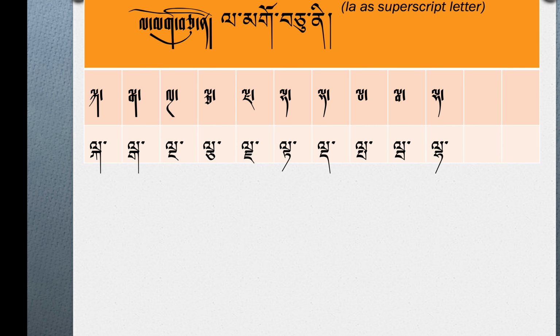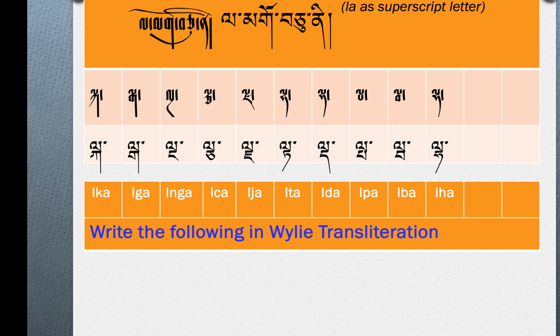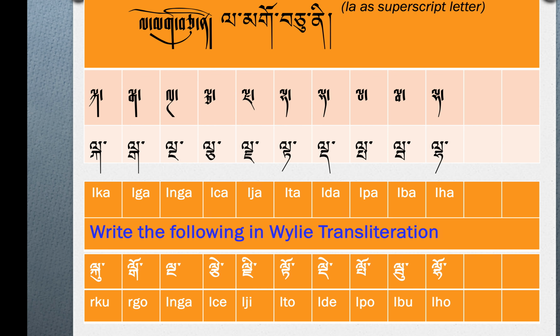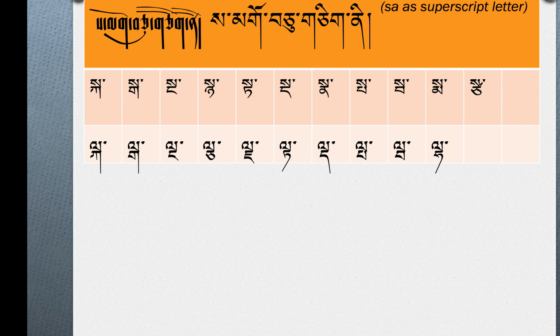Then with the superscript la: la, ka, ta, ka. La, ka, ta, ga. La, nga, ta, nga. La, cha, ta, cha. Ja, ta, da, pa, ba, la. Then with the superscript.